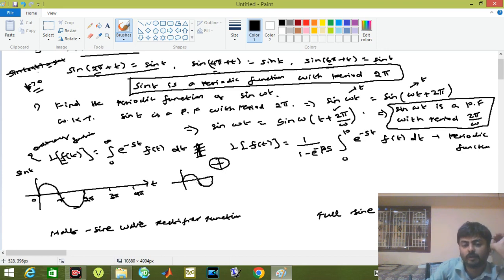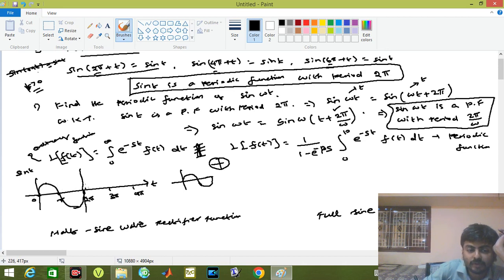After a complete cycle you can find the period. Your period for sine t is 0 to 2 pi. So the function sine t requires the value of t to be 2 pi to complete its one cycle.